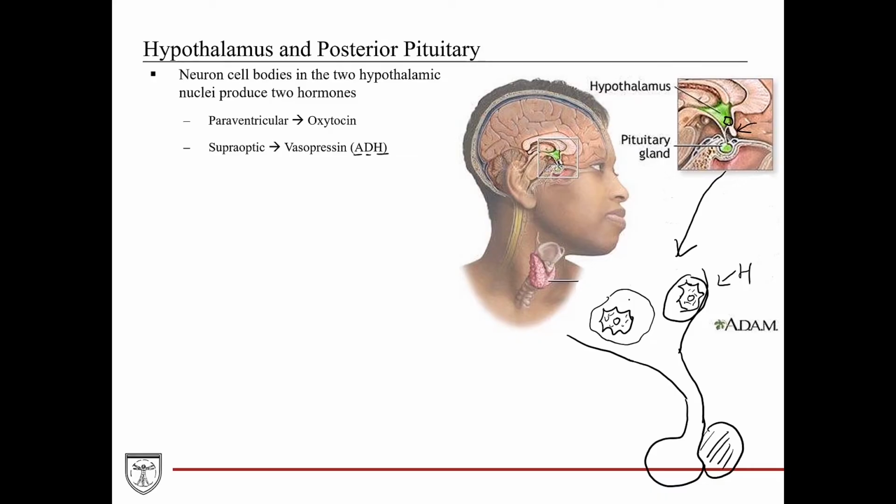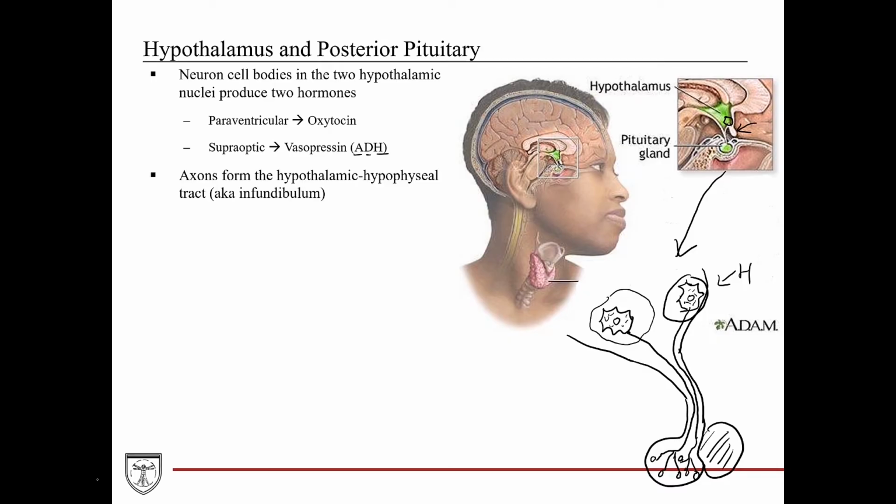Once these hormones are synthesized within the neuron cell bodies, they are then transported through their axons, which travel through the infundibulum down into the posterior pituitary, where the axon terminals branch out within the posterior pituitary. So a similar thing would be happening here with the neuron cell bodies that are positioned within the supraoptic nuclei.